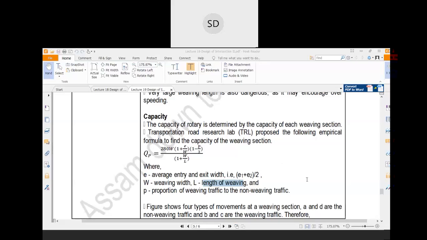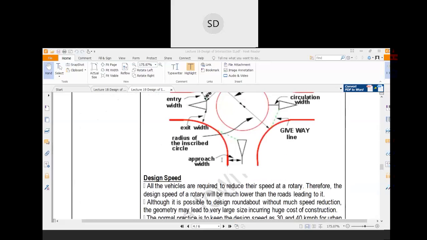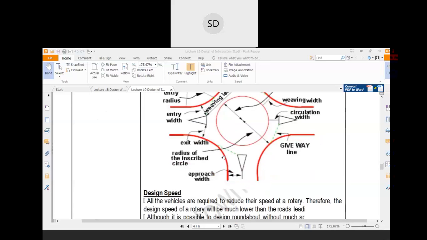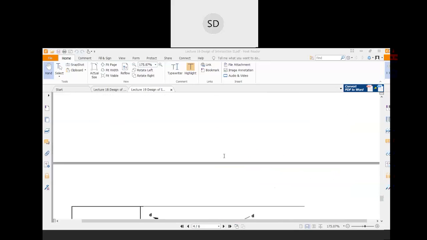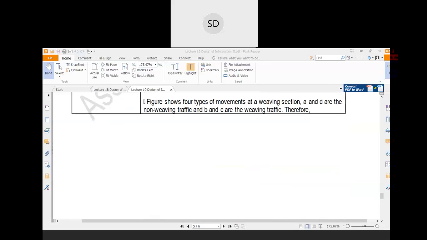Because other things you can understand by reading this note, but is it clear what weaving traffic and non-weaving traffic are? Let me draw this. In that case, it will be better.